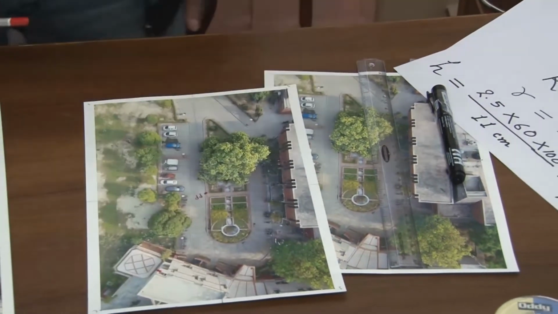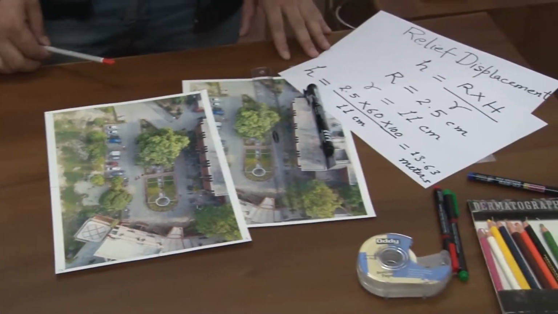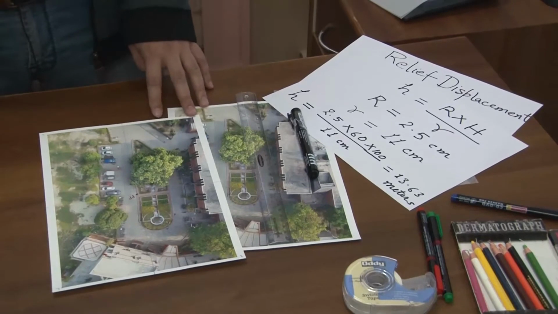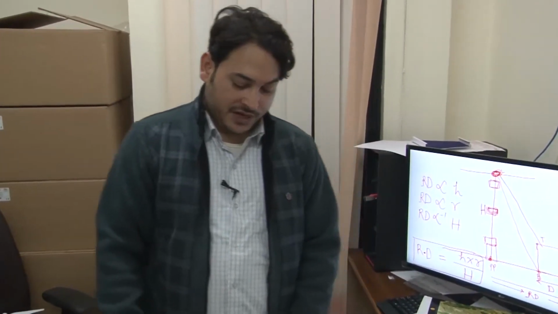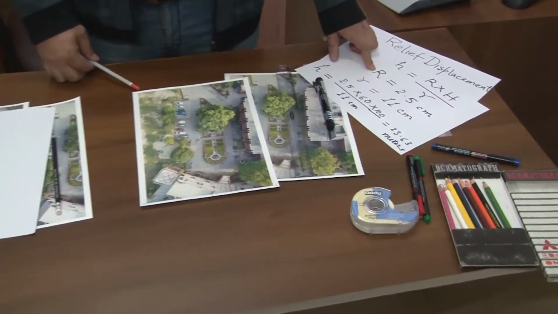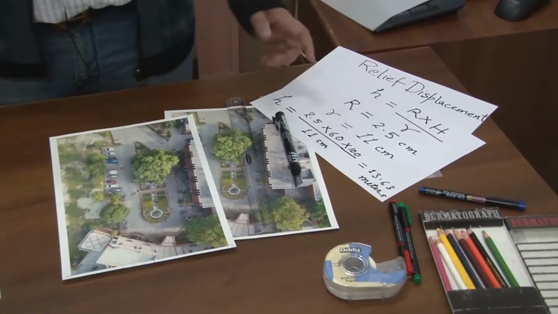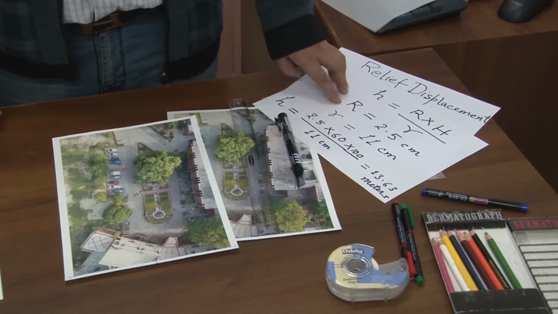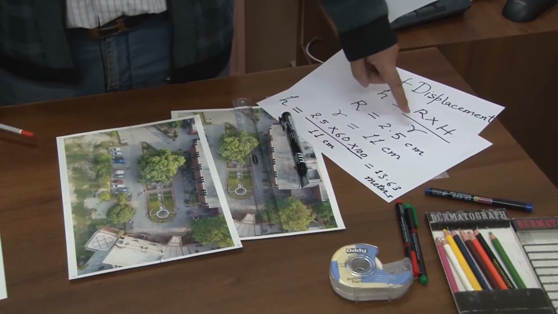So with the help of relief displacement, you can do such measurements on your photographs. This topic is covered under photogrammetry, in which you can do measurements on aerial photographs. In a similar manner, you can also calculate the relief displacement. Suppose you don't know the relief displacement, and you have a photograph and you know the height of any object, so you can calculate your relief displacement.